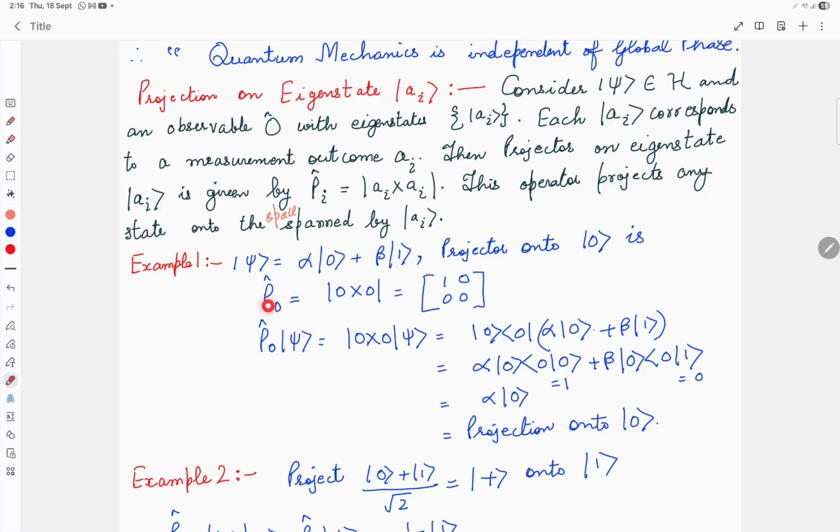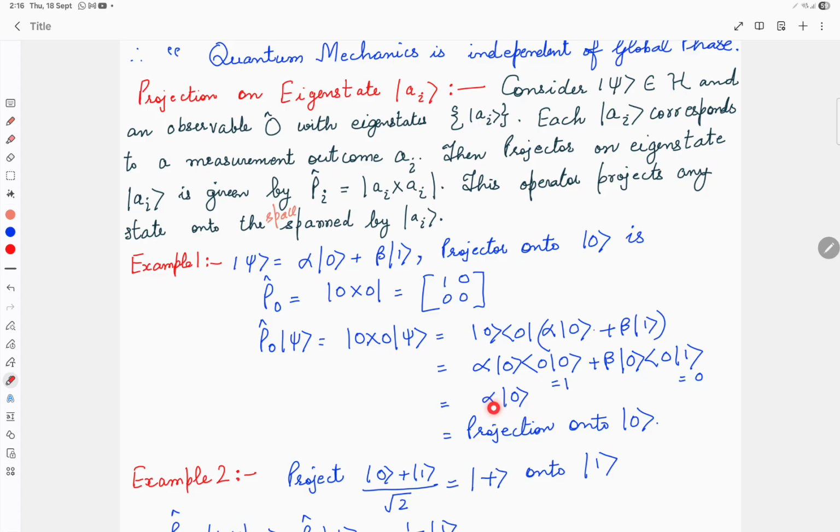Now we have the projection operator available for the ket 0 state. We apply this projection operator onto the quantum state ket psi. This is the matrix obtained if you solve the outer product, and when you apply it on ket psi, you get alpha ket 0.